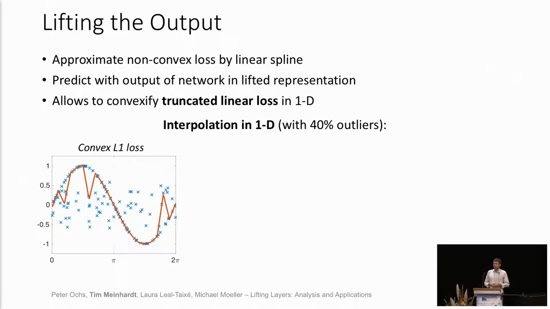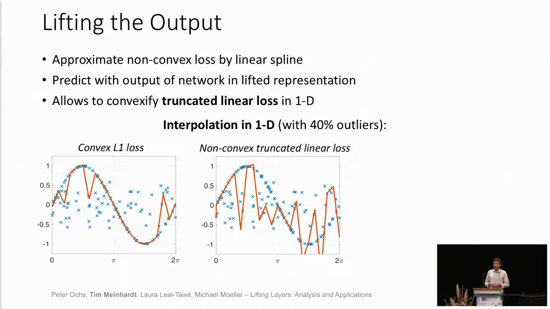For instance, when we have this interpolation problem in 1D with 40% outliers, you can see that for a regular convex loss, we achieve a suboptimal interpolation. If we optimize a truncated linear loss just by SGD, we also get a suboptimal interpolation.